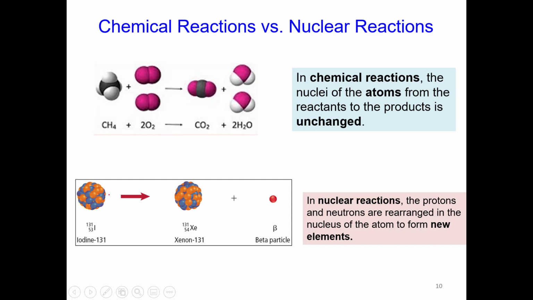Here we had iodine, representing the nucleus of the iodine, and when the nuclear reaction occurs, in the products we had a different element, and some energy or some particle is released due to the nuclear reaction. So in chemical reactions, we had the same kind of atoms in the reactants and the products, but in nuclear reactions, we had different kinds of elements in the reactants and the products.